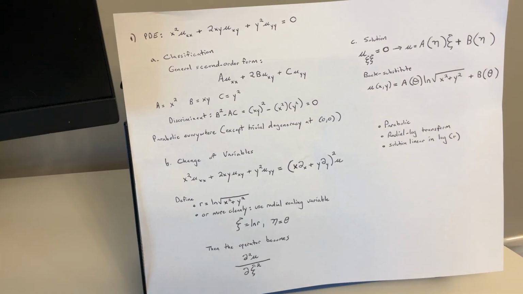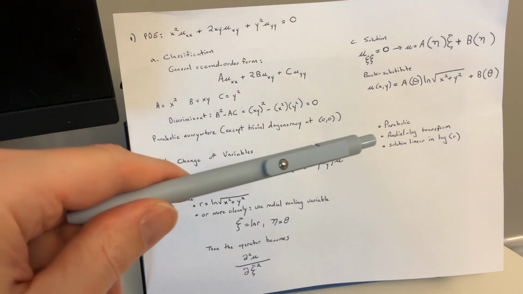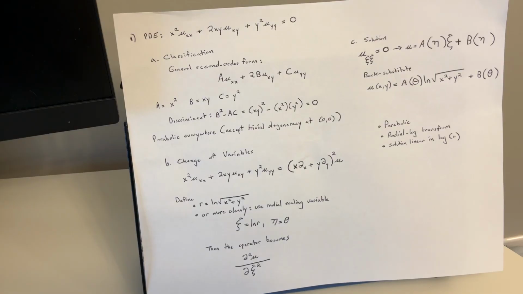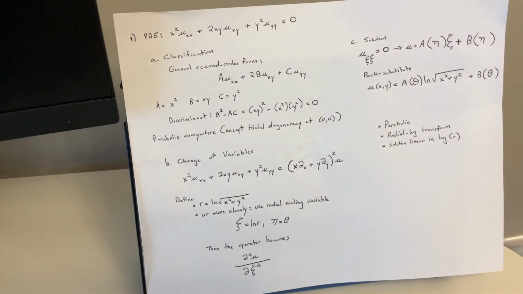So that omitted some arithmetic, algebra, calculus, but key concepts are there. Review the concepts if you forgot how to do a problem like this. And what we could say just at the end, this is parabolic, radial log transform, solution linear in log variable.